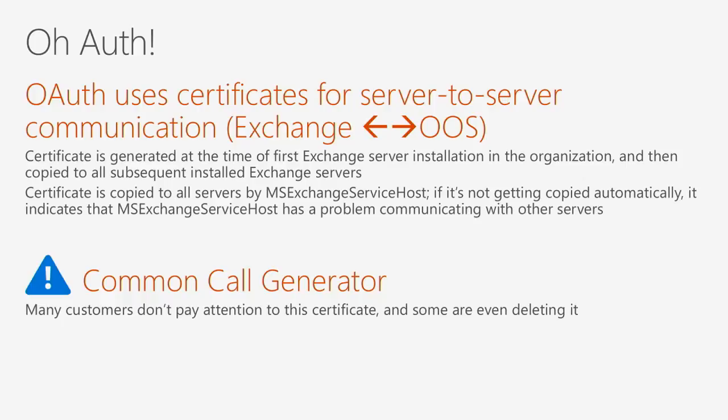Now, what we're finding is that a lot of customers are simply not paying any attention to the certificate, and worse, some of them are simply deleting it because they don't know what it is and they don't know how it's being used. When that happens, that will break OAuth authentication, and it will break a lot of experiences like Exchange using the Office Online server.